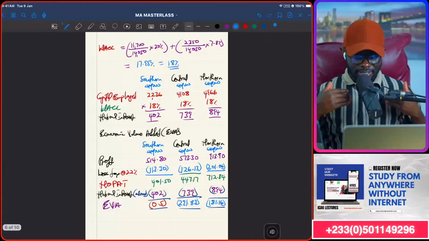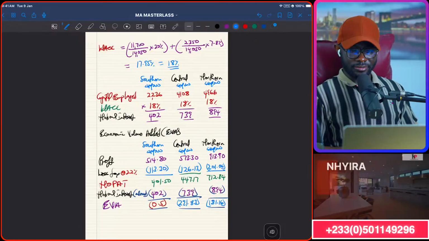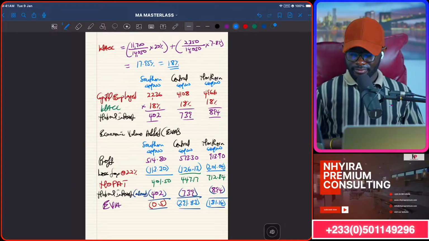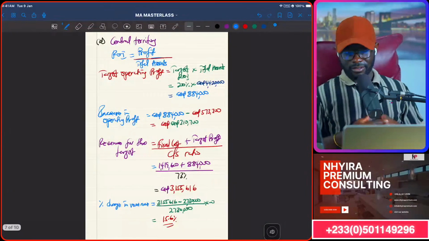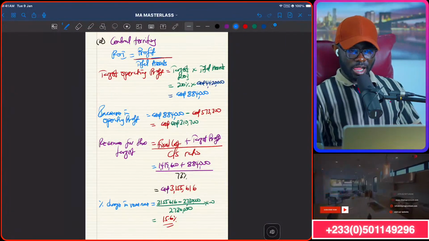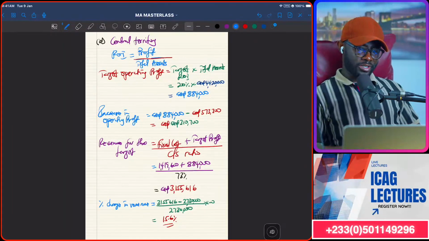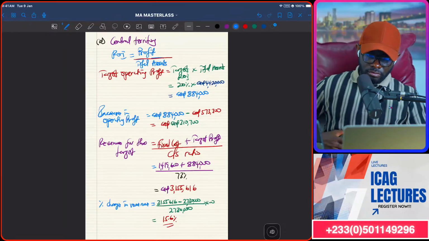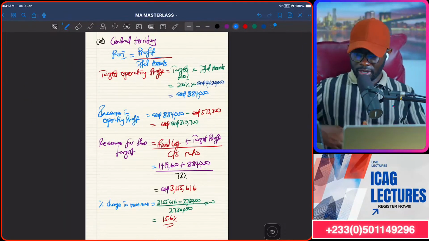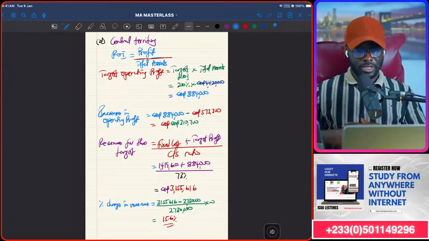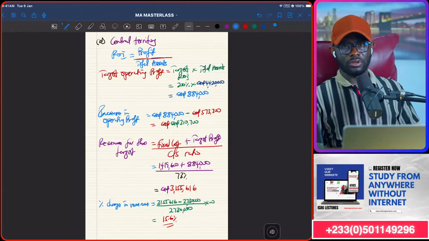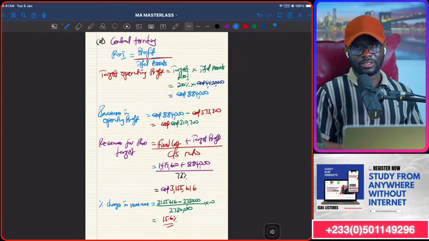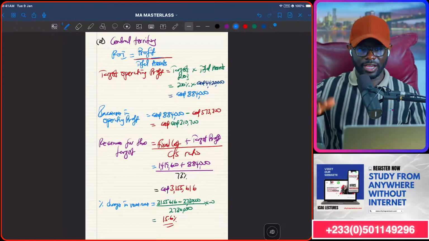The next slide, still on the C part of the question. And then the D part of the question, where we are focusing on the Central Territory and finding out how much their profit has to go up, their revenue has to go up, their total assets has to go up. Their revenue, their net assets, and their total cost must go up to achieve the target profit of 20%.